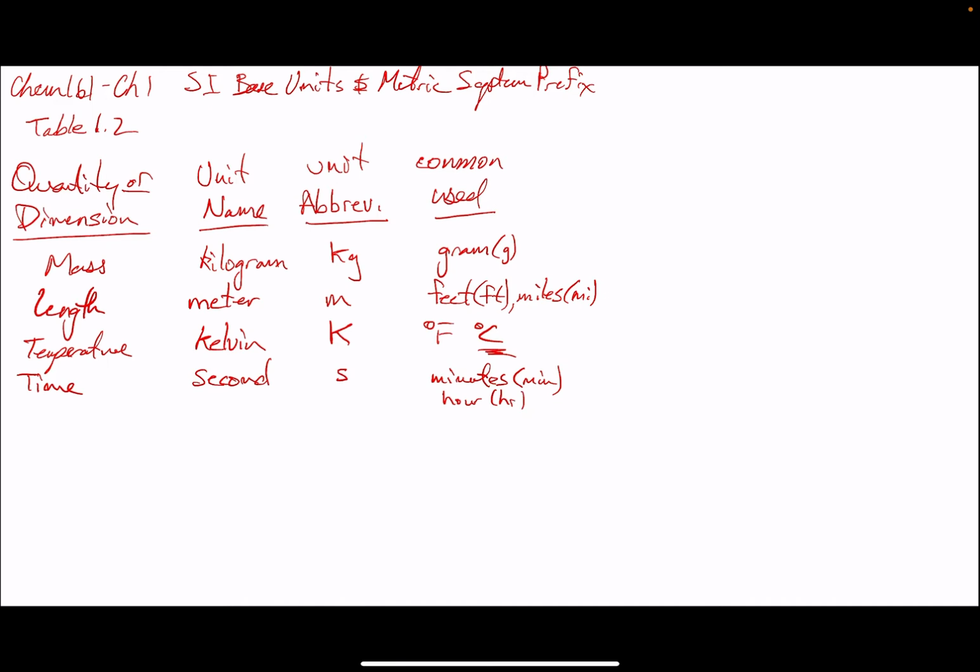Okay. Table 1.2 also lists electric current with amperes and capital A as those units. We won't be using that in this course, so we'll exclude that from this discussion and instead skip to the last row of information, which would be the quantity of a substance.